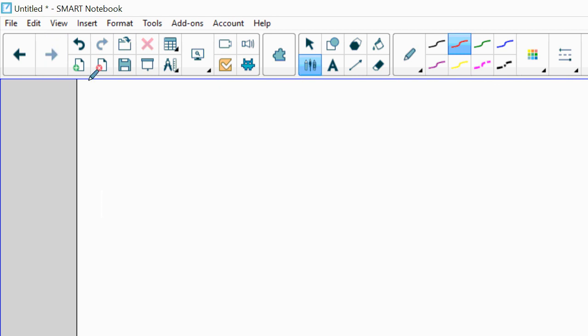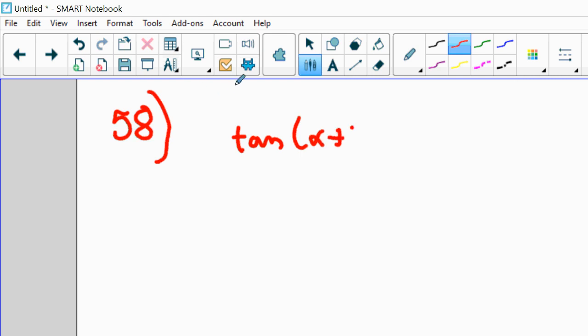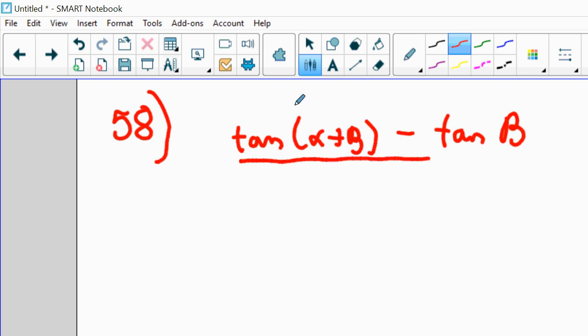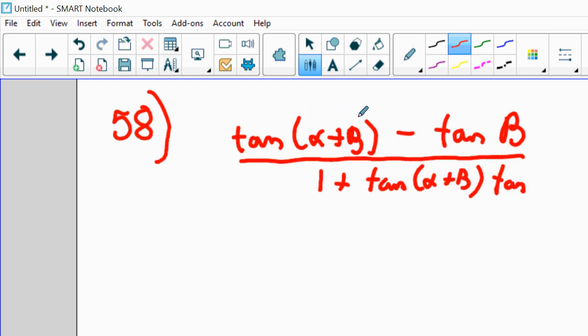Next step, 58. Tangent of alpha plus beta, minus tangent beta, over 1 plus tangent of alpha plus beta times tangent beta, equals tangent alpha.